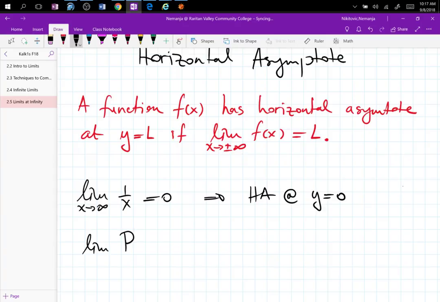The limit of the population function in time as time goes to infinity, it doesn't have to be x all the time, is equal to carrying capacity k, which means that there is a horizontal asymptote at y equals k, the carrying capacity. That was the third example.